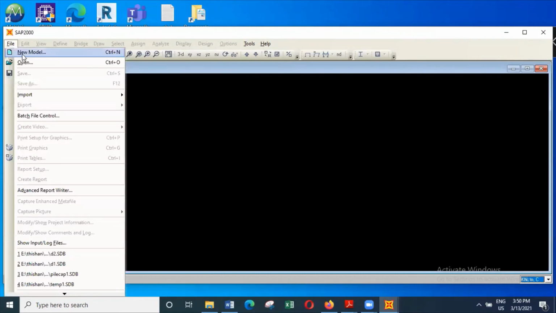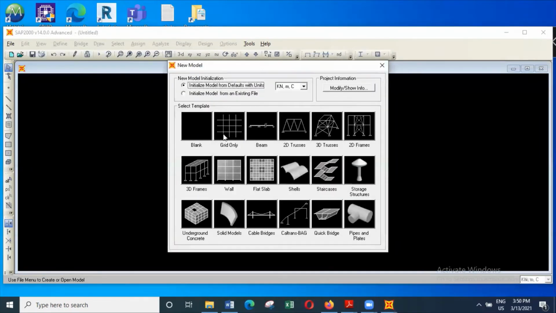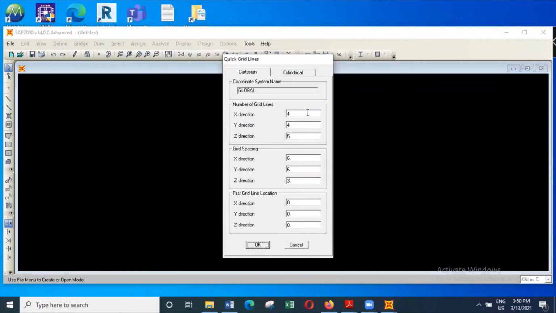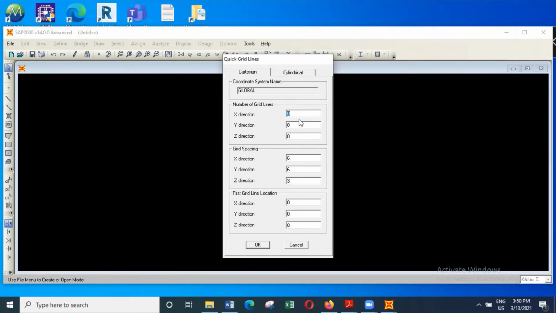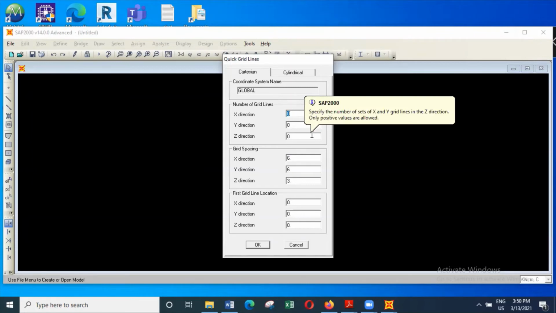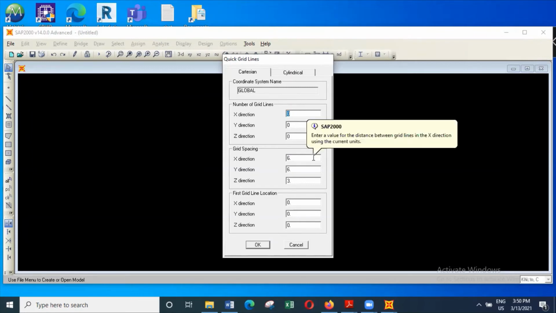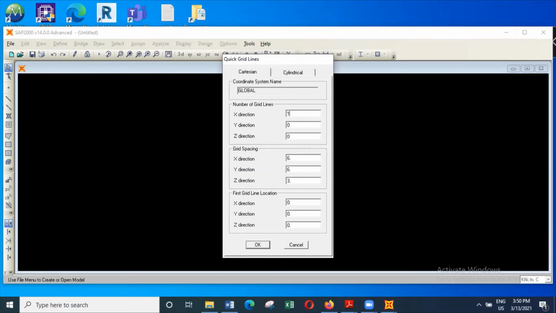So here you can see that we'll create a new model with grid only, and in the x direction we need 0.4 meters, in the y direction let's say 0.4, z direction 0.5, and in this direction the grid spacing will be 5.2 meters. 5.2 divided by 0.4 is 13, so we need 14 grid lines.